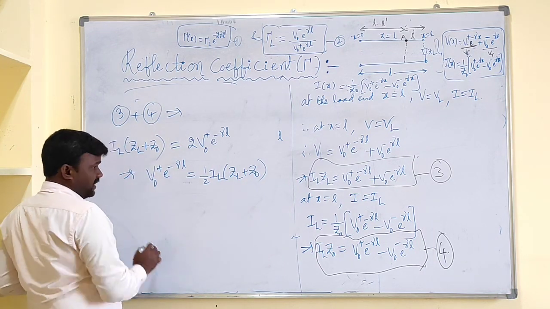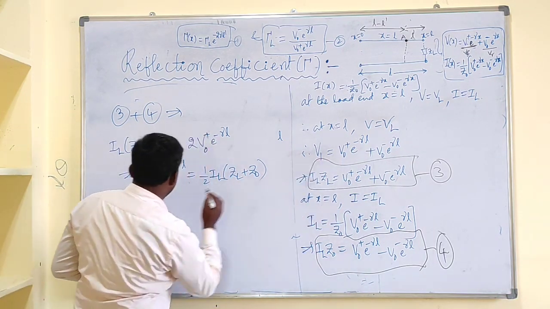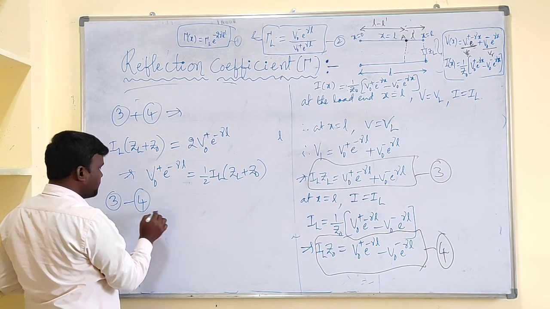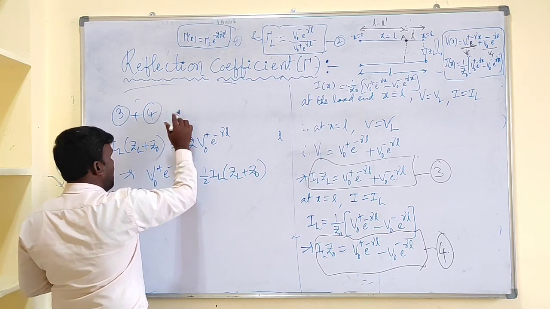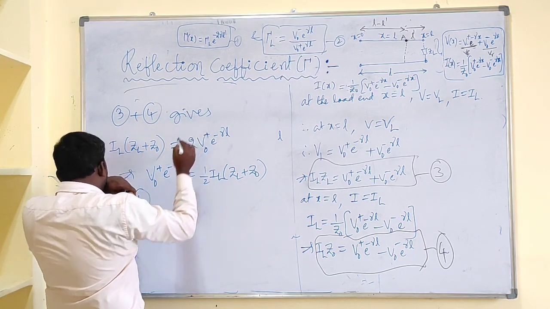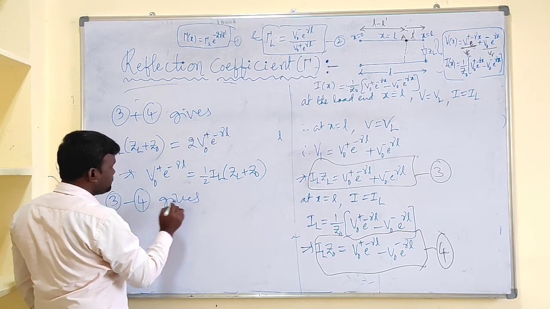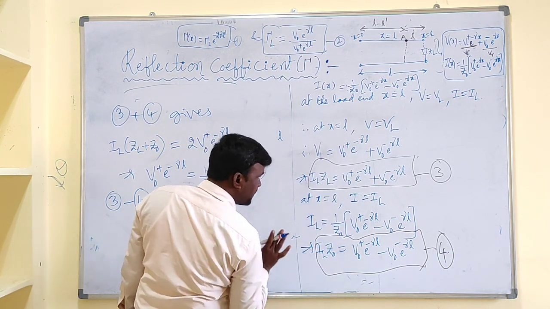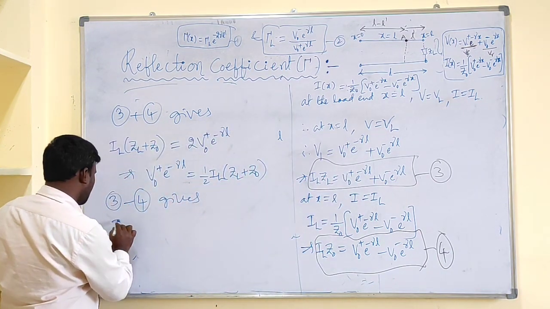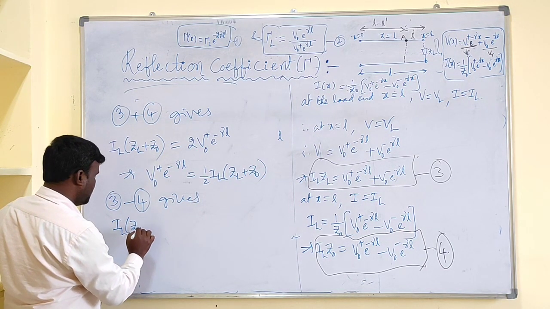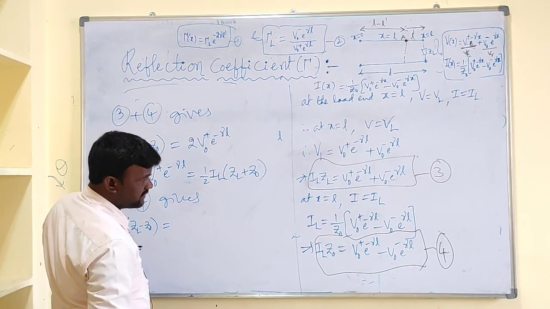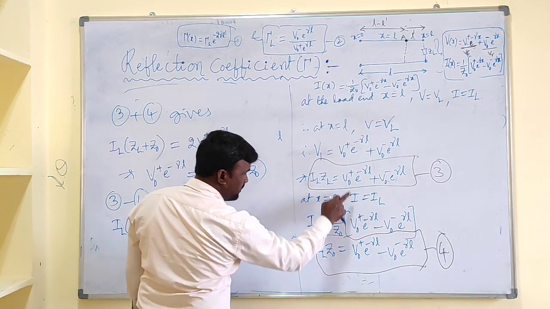Next, equation 3 minus equation 4. On the left hand side we will get IL into ZL minus Z naught, equal to this one minus this one.